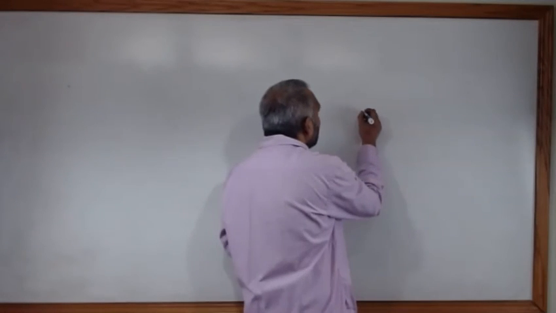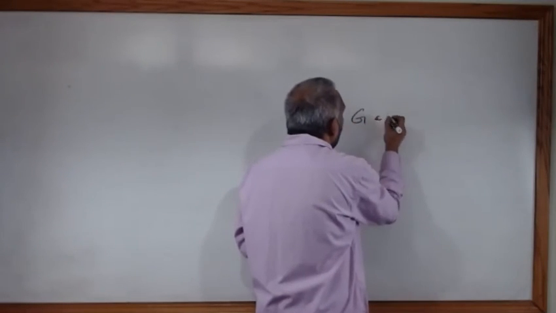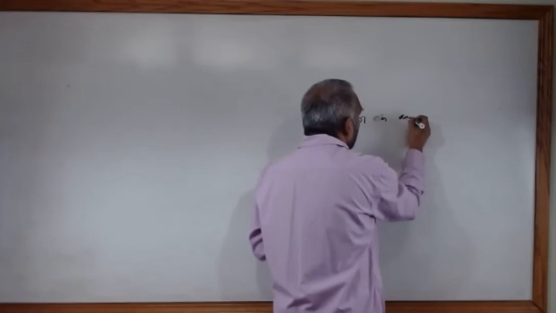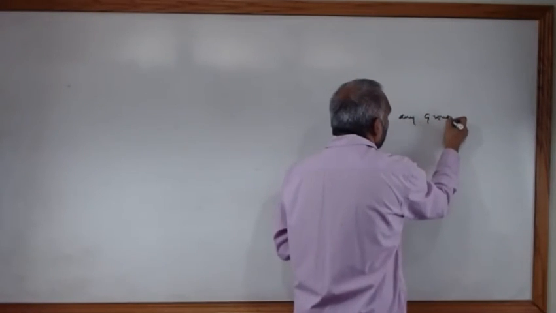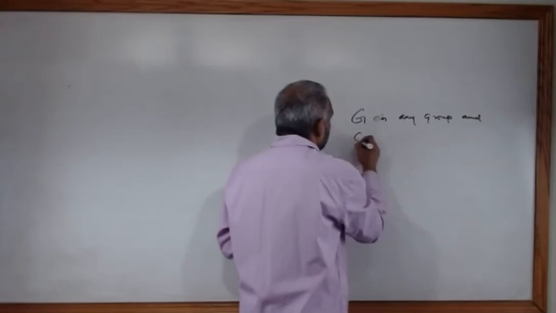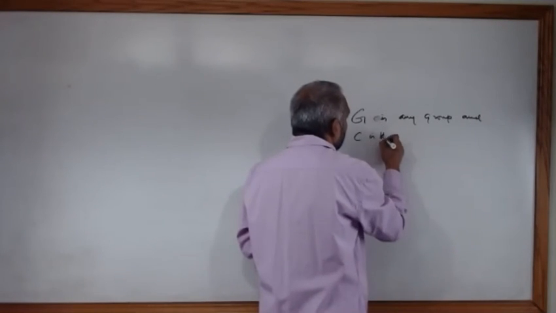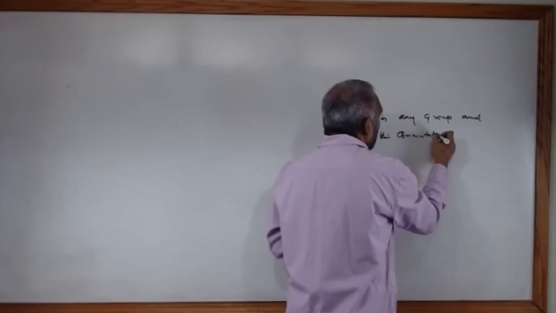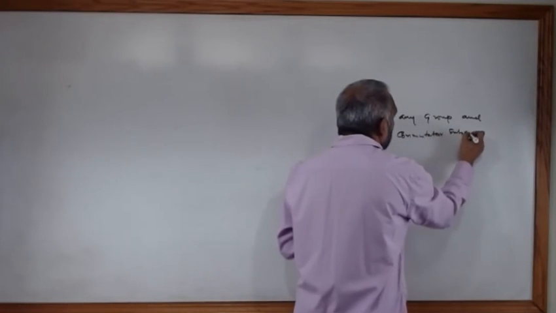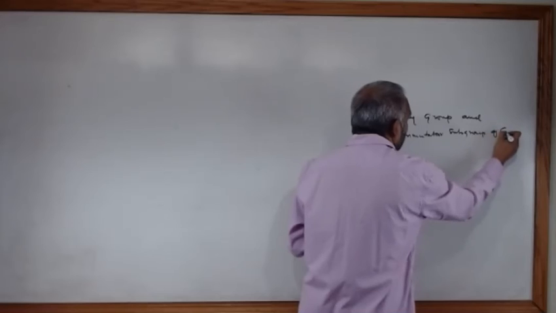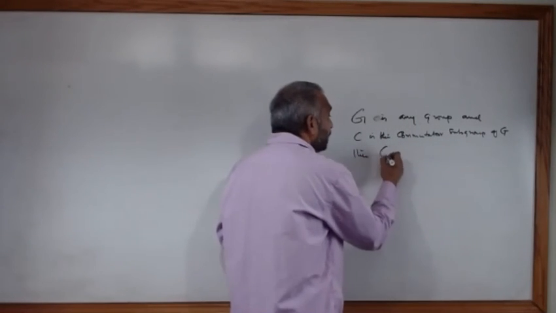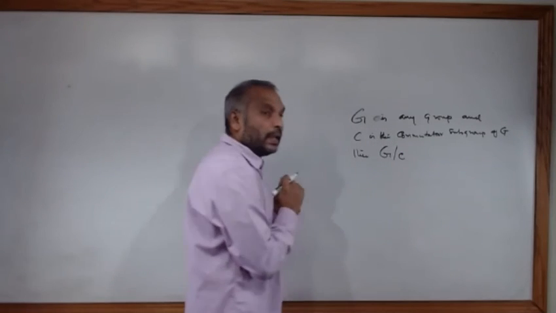So if G is a group, any group, and C is the commutator subgroup of G, then G over C has to be abelian.